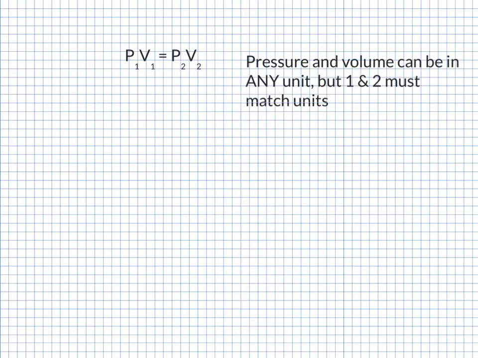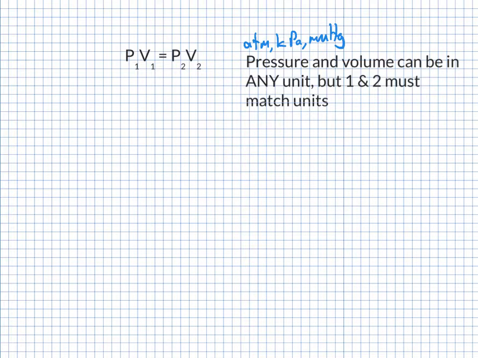So the formula for Boyle's law is P1V1 equals P2V2. And the thing to remember is that the pressure and volume can be in any unit. So our pressure units, we have atm, we have kilopascals, millimeters of mercury. So you're going to see any of those things being used.